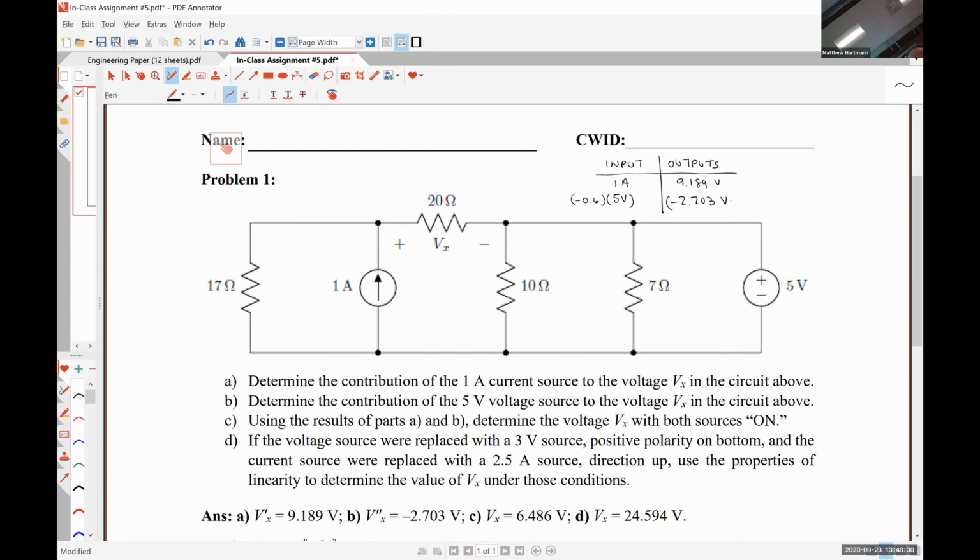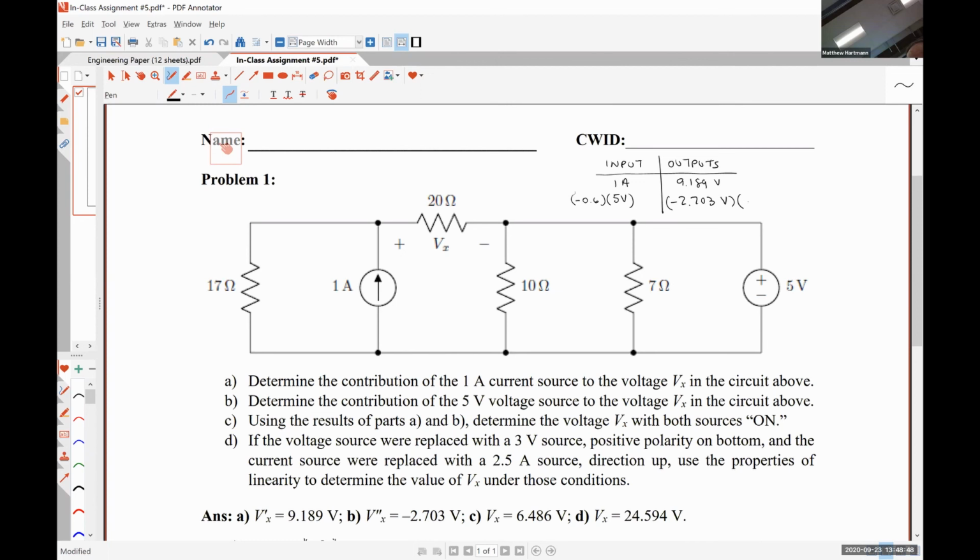And because this is a linear circuit, we can then scale our output by that exact same factor without having to do any extra circuit analysis. It has to work that way for a linear circuit. And a linear circuit is really any circuit that the components values don't change with time.